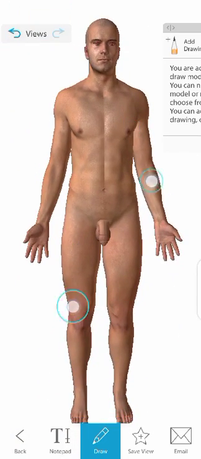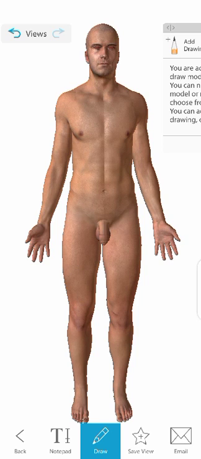So whenever we say something is superior to something, we are saying that with this position in mind. For instance, when someone puts their hand on their shoulder, you don't say the hand is superior to the shoulder.